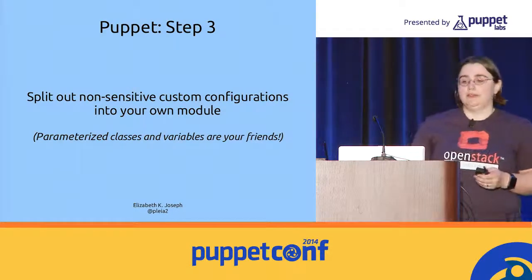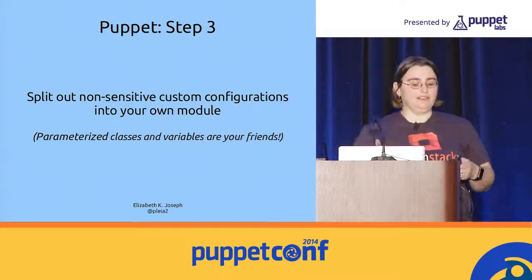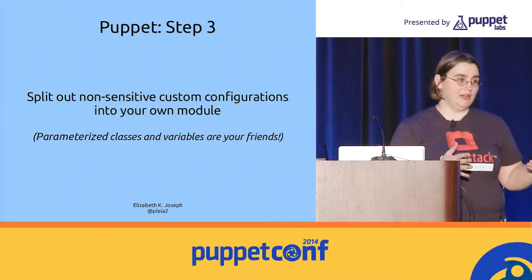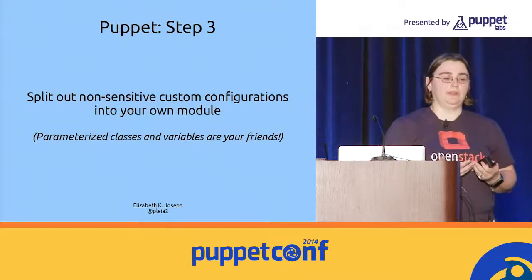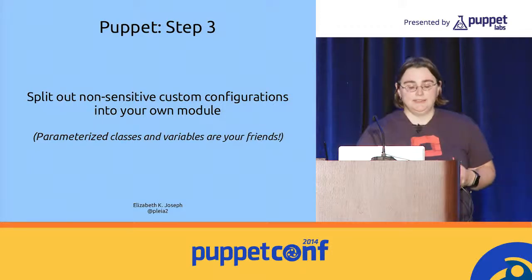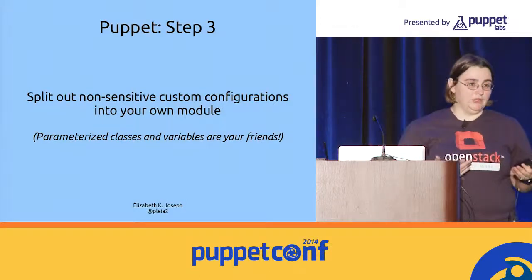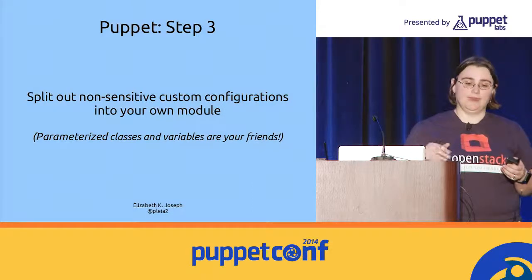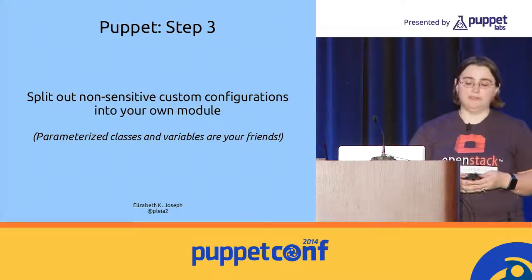We also split out all of our non-sensitive data from our configs, from the regular modules. So again, that's making sure you don't hard code things like web URLs and file locations and things. And then when we write our own modules, we make sure that we have variables for all those things so people can change them.